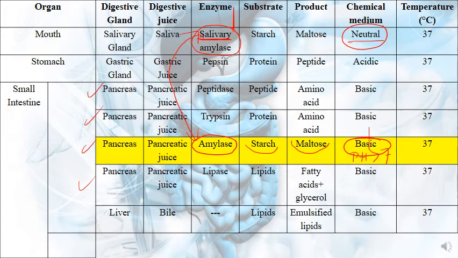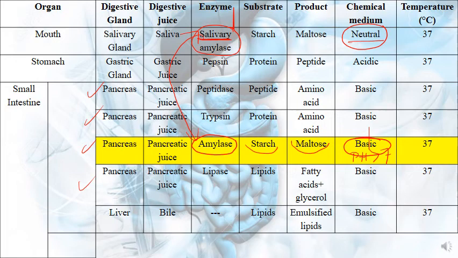While amylase in the pancreas works on starch to give maltose, but the medium is basic, with pH greater than 7. So amylase and salivary amylase are similar to each other, but they differ in the medium. Salivary amylase is in the mouth, so the medium is neutral.